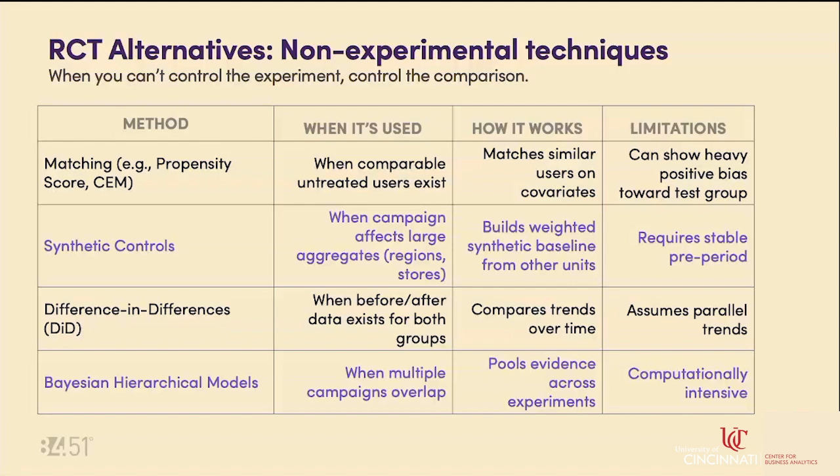Synthetic controls at a high level, for those who may not be familiar, is again a non-experimental technique, which tries to look at those who did not interact with the treatment and then classifies them into several groups of customers, essentially doing a mini segmentation of those who did not interact with the treatment, and then comes up with an average effect of what that group combined did compared to the test households who did interact with the treatment.